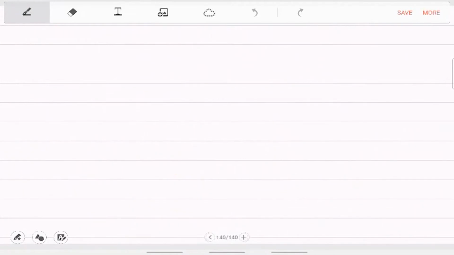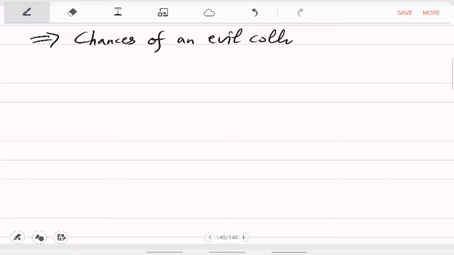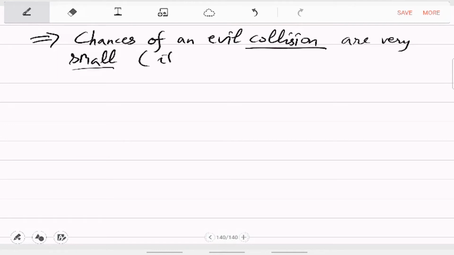Which means that the chances of an evil collision are very small if t is large.